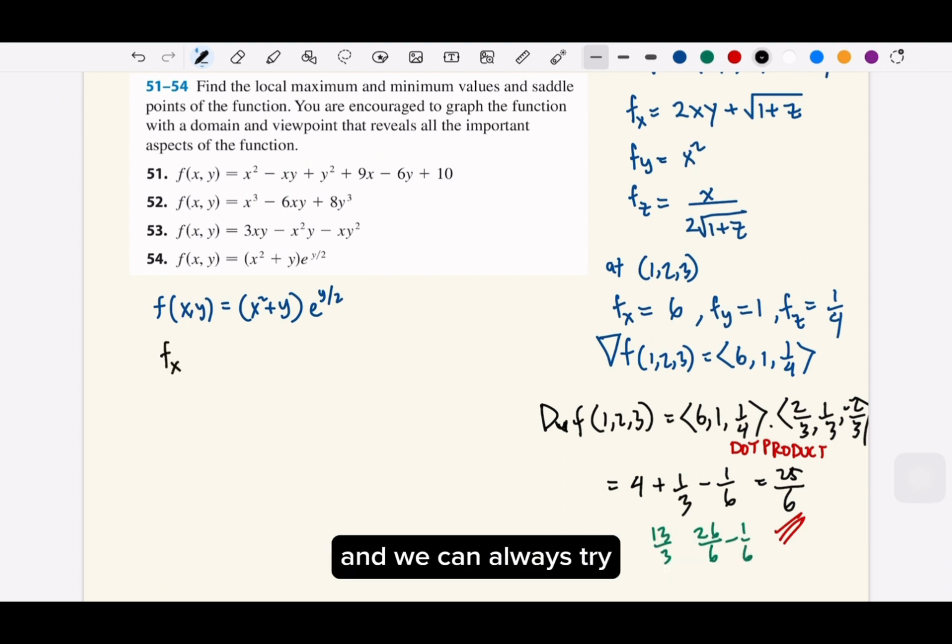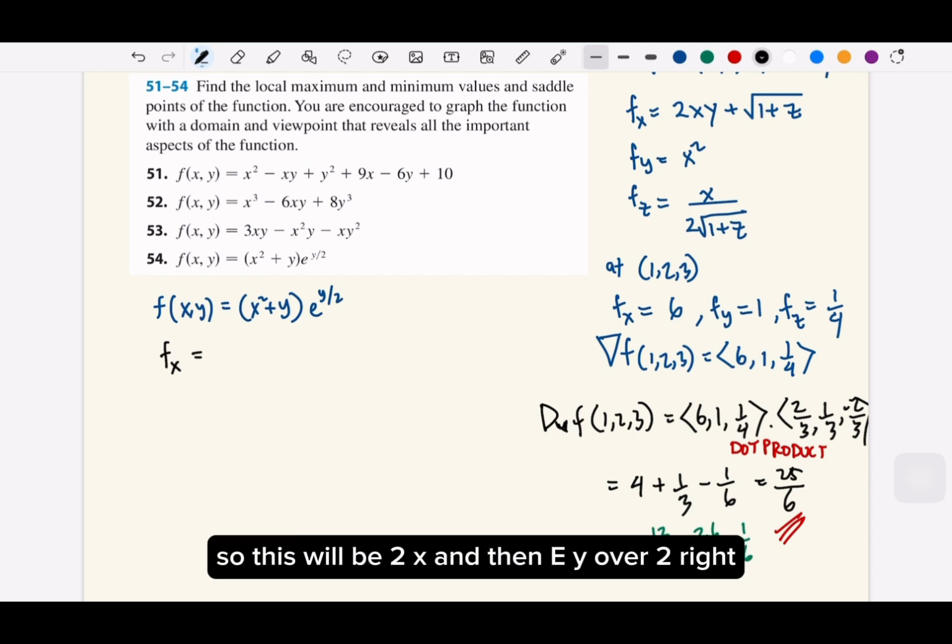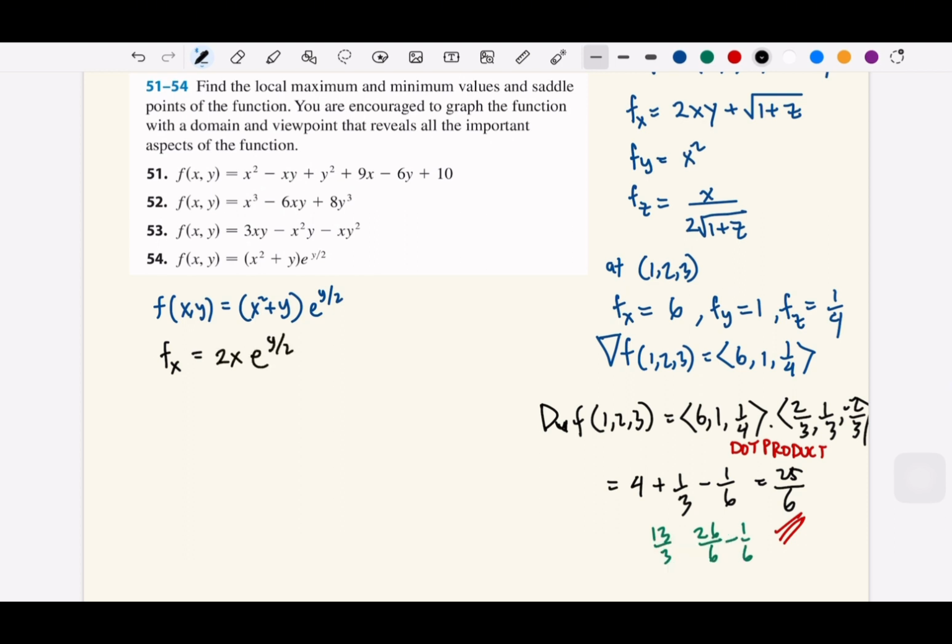We can always try the first step as finding the partials. So partial x, we only have x squared inside here, so it's just 2x, and then the other one will be e. So this will be 2x e^(y/2), right?